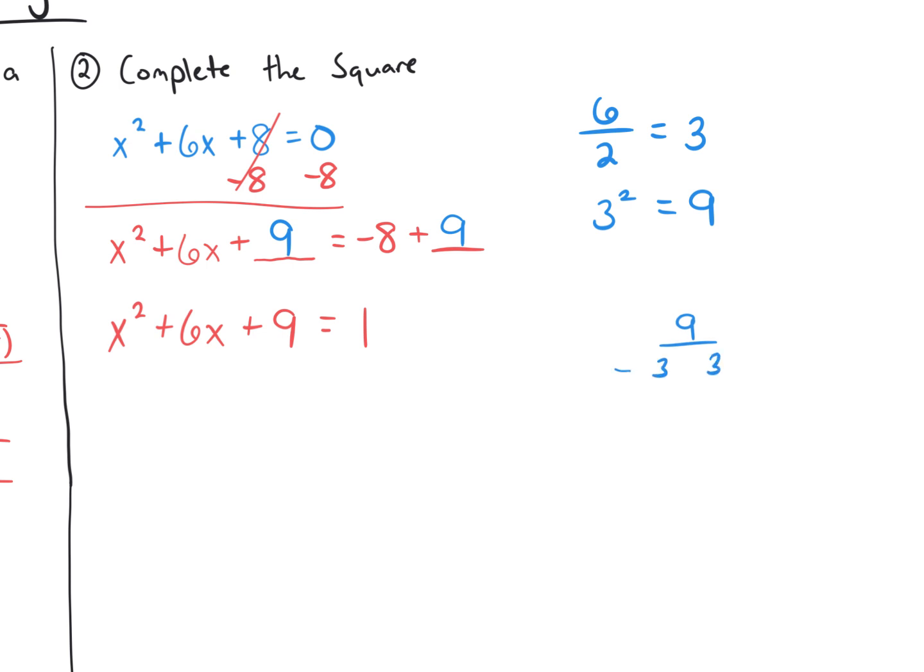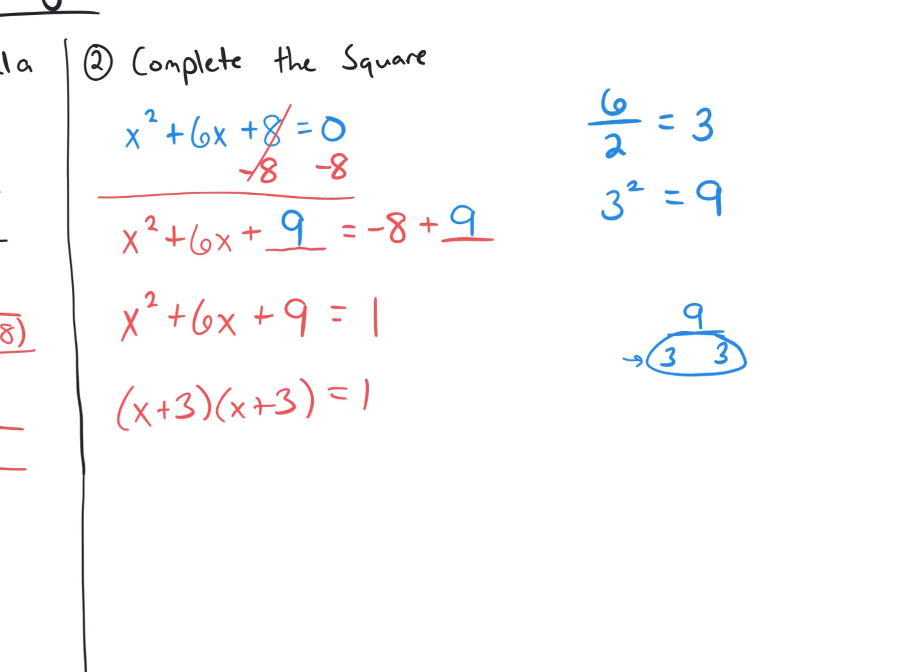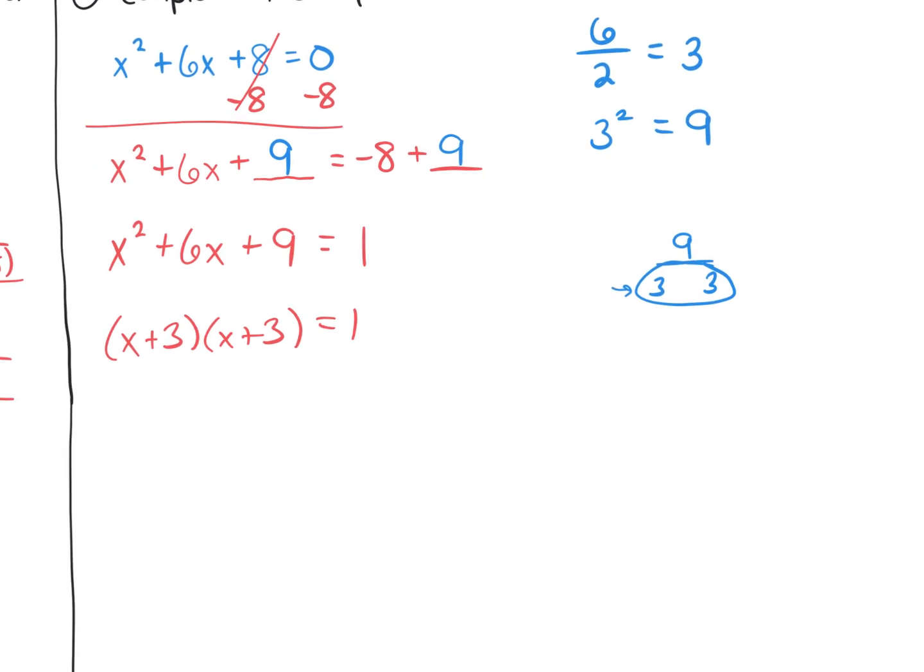Remember, we specifically want these two factors to be the same. Okay, so 3 and 3 are the ones we pick. We usually write our answer as x plus 3 times x plus 3 equals 1. Okay? Remember, completing the square, we can write this as x plus 3 squared equals 1.